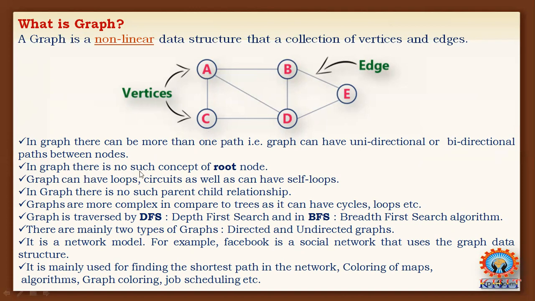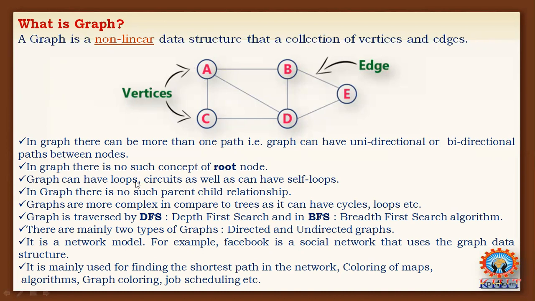In graphs, there is no such concept of a root node. Consider this is the graph. The graph cannot contain any root node. You can consider any node as the starting node. Randomly you can select any one of the nodes. So there is no concept of root node in the graph.